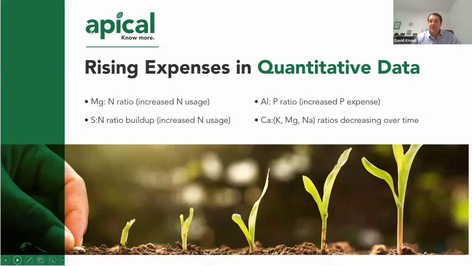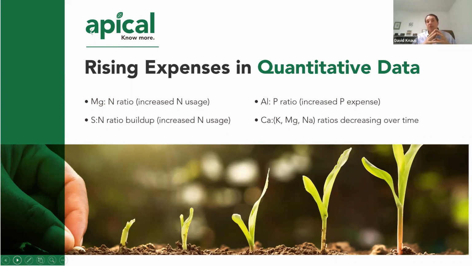When we see rising expenses from a farmer and they're consistently complaining about the added inputs that they're needing to put out year over year, we oftentimes see that there's an excessive magnesium to other nutrients, specifically nitrogen. We see there's a large amount of sulfur, and that starts to depress the sulfur to nitrogen ratio.